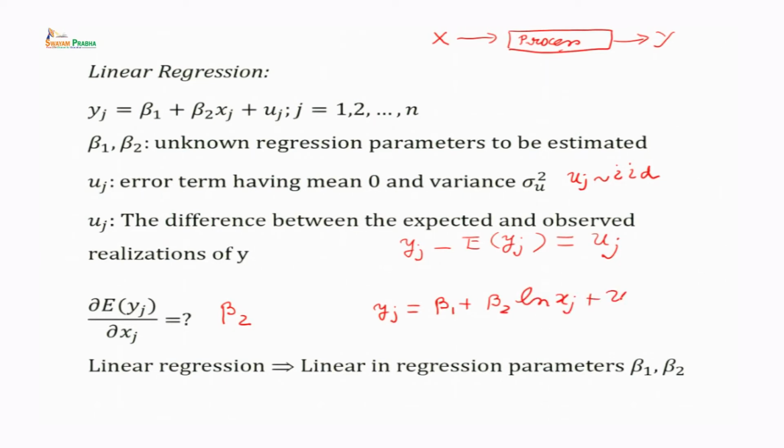This is also a linear relationship. Although this relationship is non-linear in x j, as you have log x j here, it is linear in beta 1 and beta 2. So, this is also a linear regression.